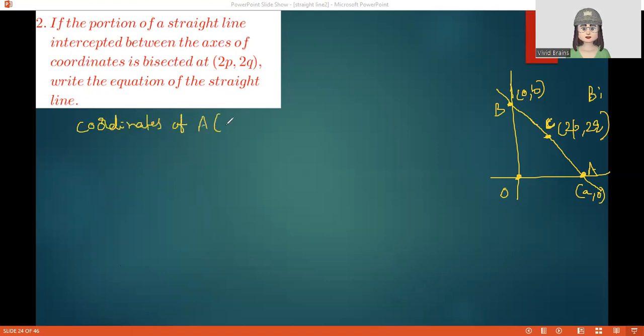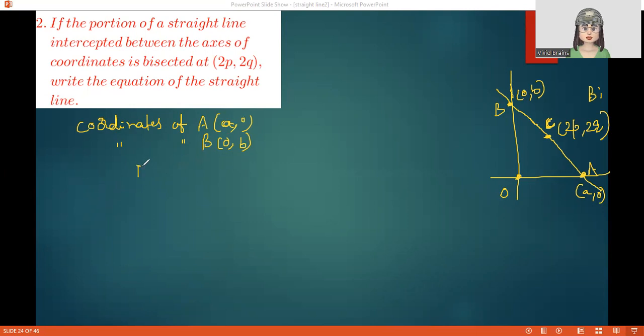So what are the coordinates of A? A comma 0. Similarly, coordinates of B, 0 comma b. Because you know the two endpoints of the given line, can we have the midpoint with respect to these two points? Yes.